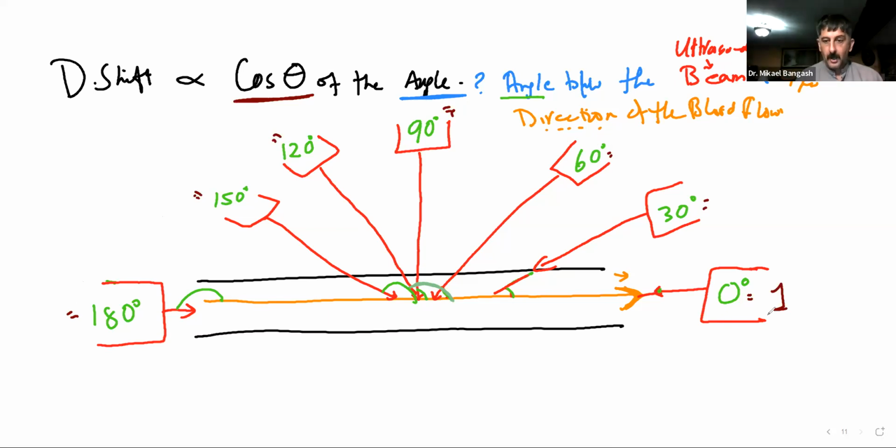Clear? So the cosine theta value of a 0 degree angle is 1. The cosine theta value of a 30 degree angle is going to be 0.85. No, sorry, 0.87.